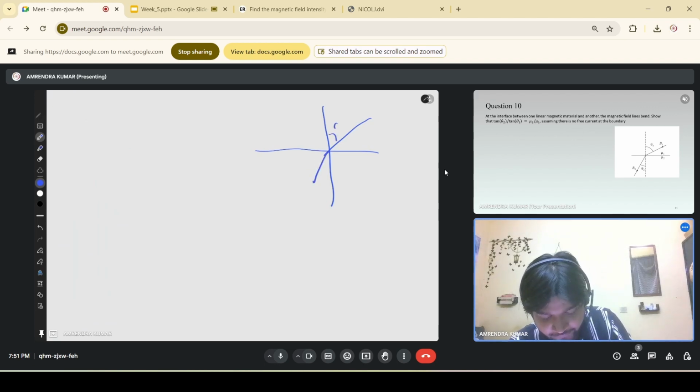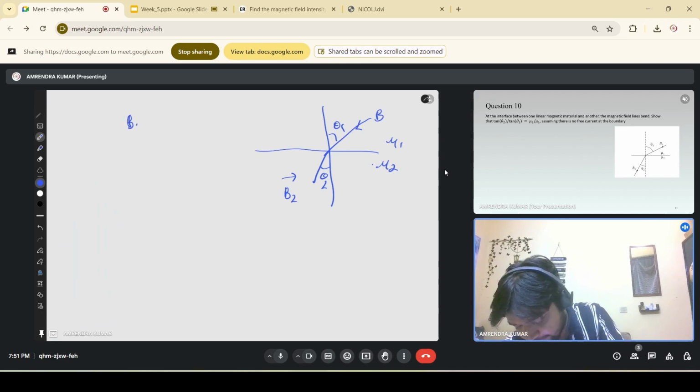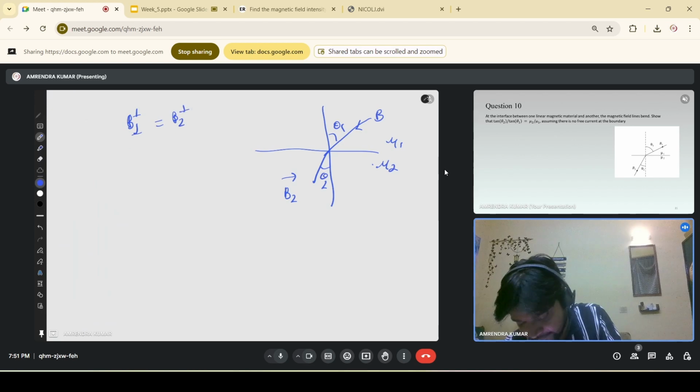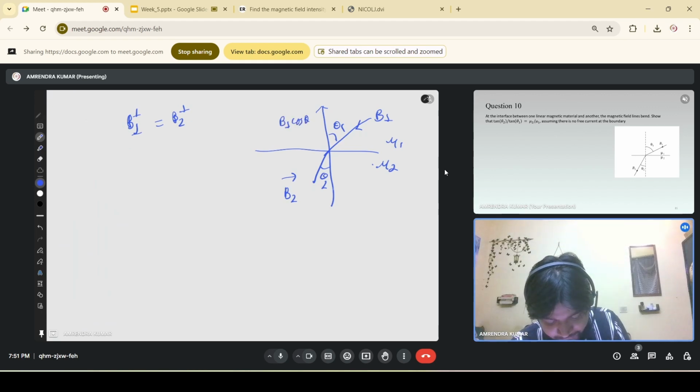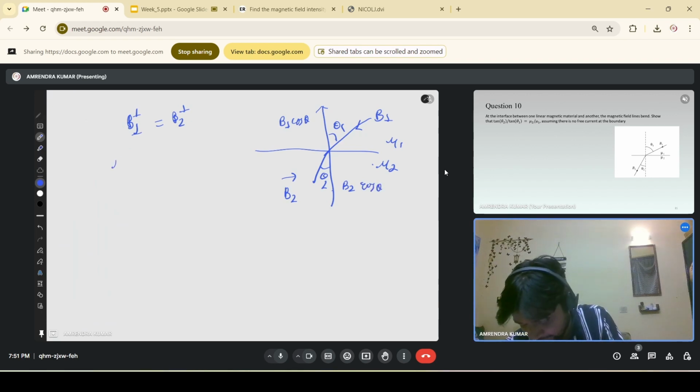It's theta 1 and theta 2. This is B2, this is B1, this is mu 1, this is mu 2. We know that B1 perpendicular is equal to B2 perpendicular. So B1 perpendicular is B1 cos theta 1, and B2 perpendicular is B2 cos theta 2.